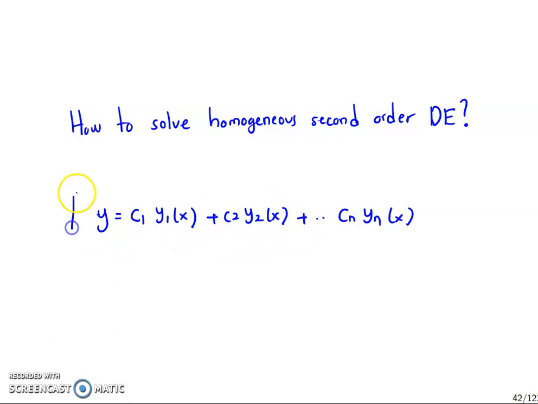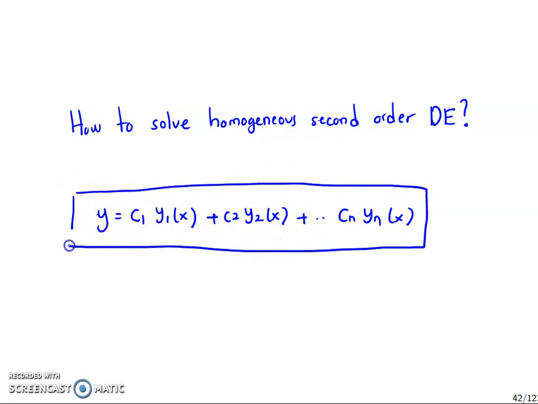We want to write the solution in this form. This is a fundamental set of solutions. If we have this, then we can say the solution exists, there exists a fundamental set of solutions, and then we can solve it.